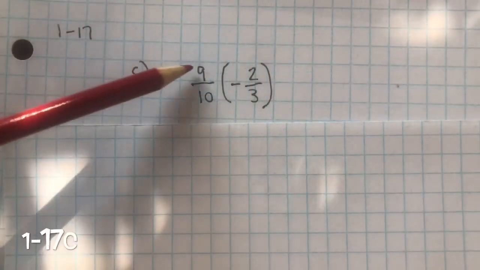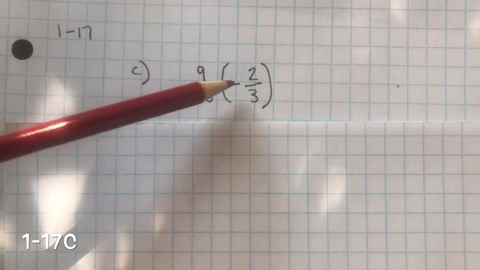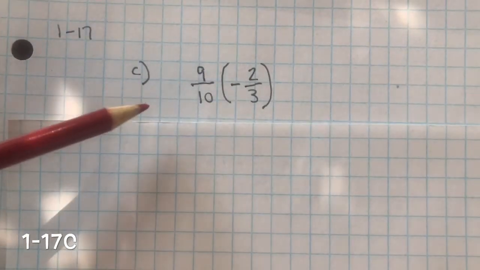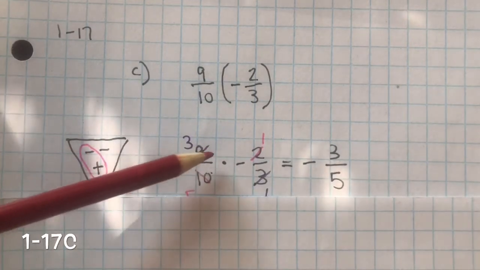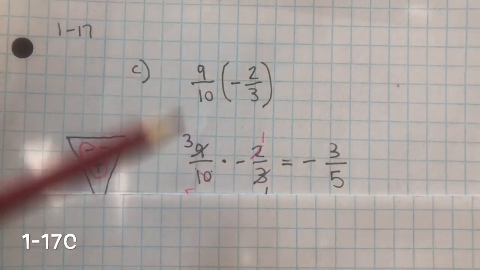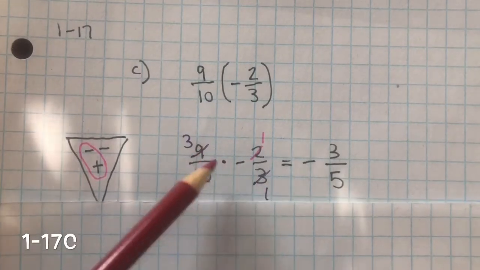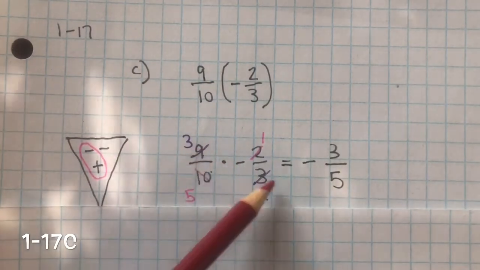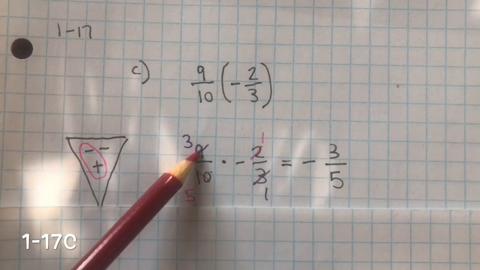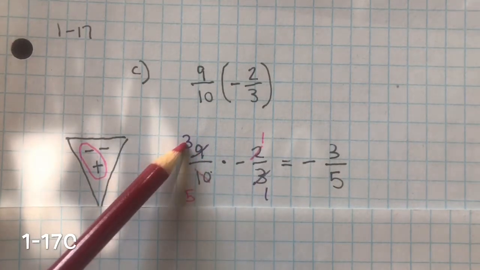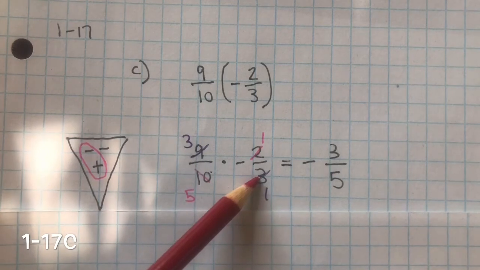Problem C, 9/10 multiplied by negative 2/3. So here I went ahead and removed the parentheses, and you can see that I can simplify by cross-canceling. 9 divided by 3 is 3, and 3 divided by 3 is 1.